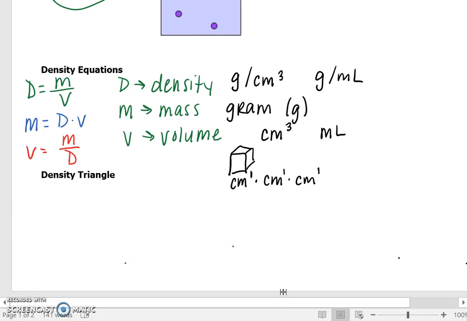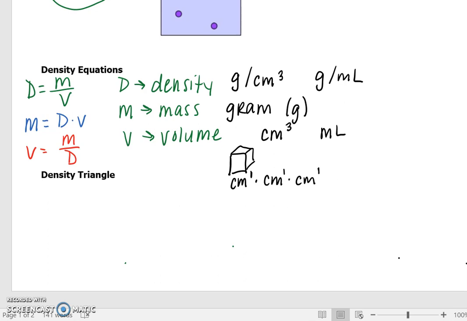Therefore, you can see where our two units of density come from. If it's mass divided by volume, g divided by centimeters cubed, and also grams divided by milliliters if we're talking about liquids. So that's where all of our units are going to come from. And that's a good way to identify what information is given to us in the problem.